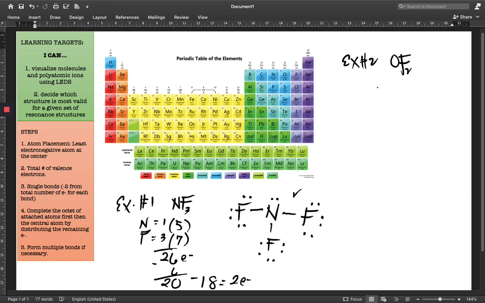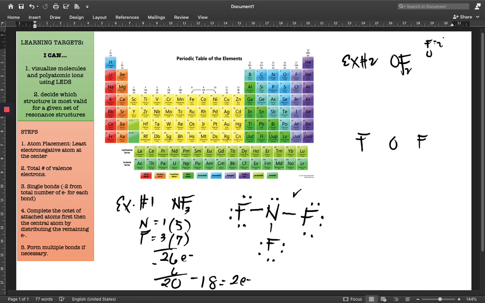Between oxygen and fluorine, oxygen is far less electronegative than fluorine. So if I'm going to draw it here, this is just F and then O and then F, right? The next step is to identify the total number of electrons. That's fluorine and oxygen.